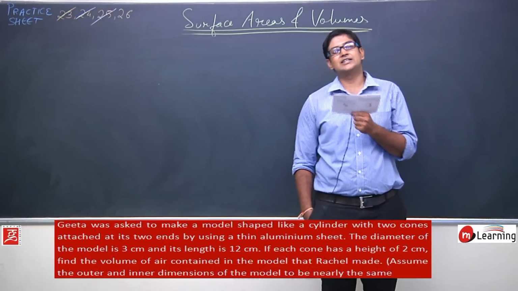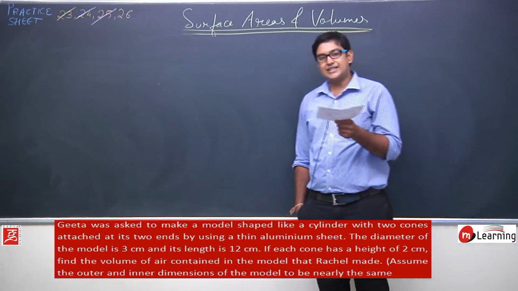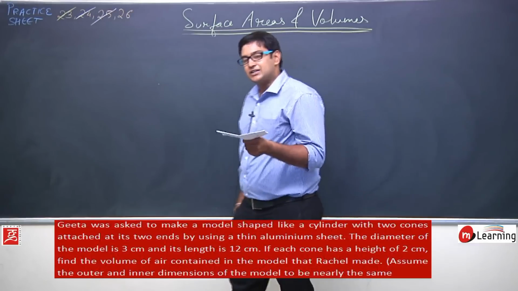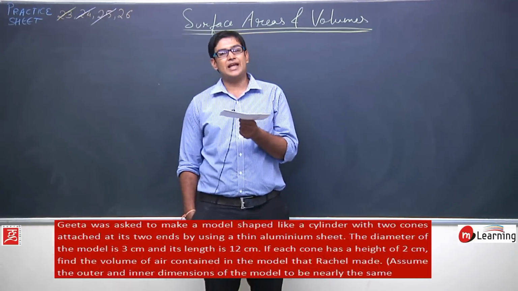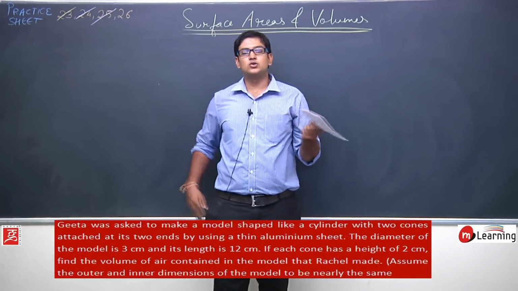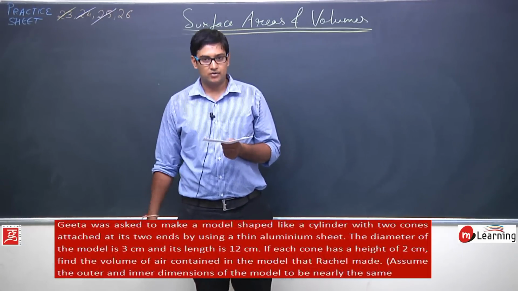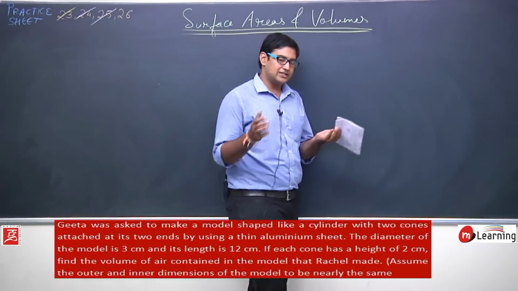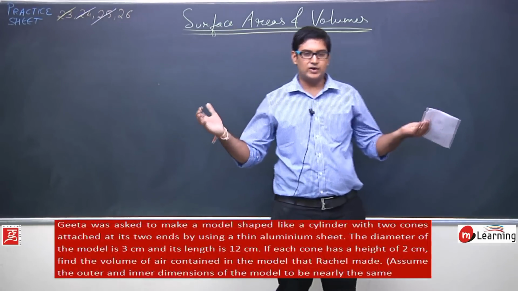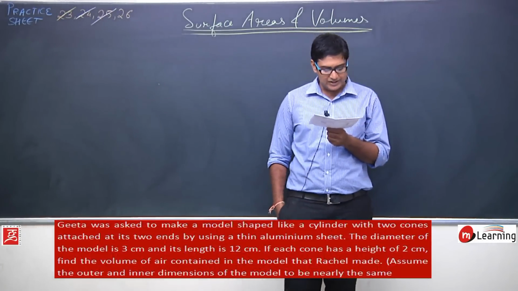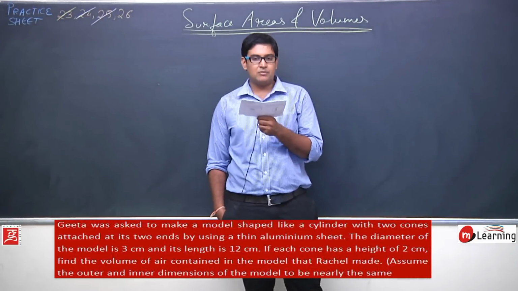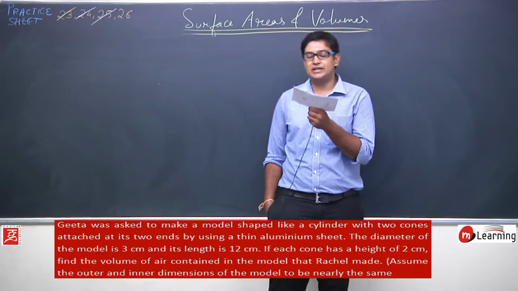Okay, so let us understand this question. It says that Geeta was asked to make a model. The model is shaped like a cylinder with two ends as conical. There is a cylinder and at the two ends of the cylinder there are two cones. Further it says the diameter of the model is 3 centimeters.